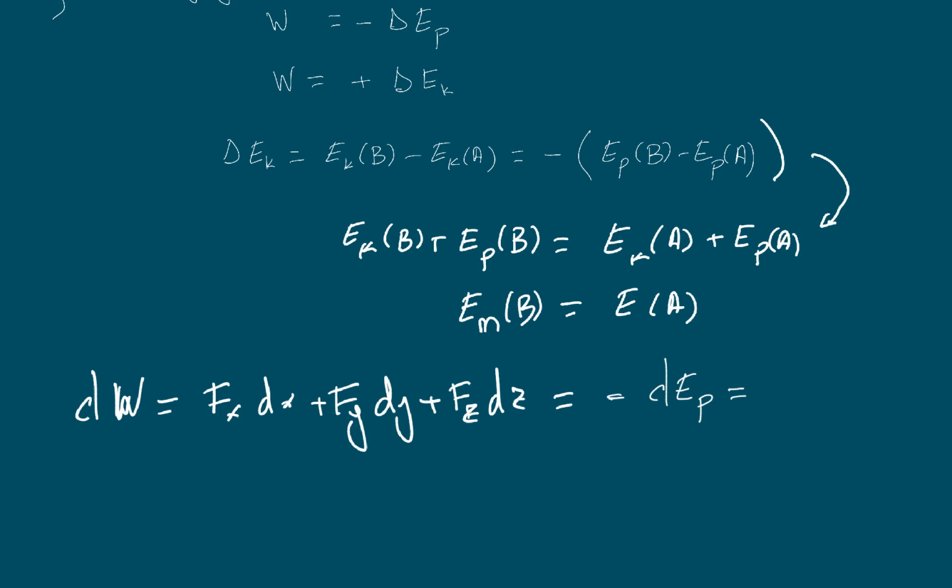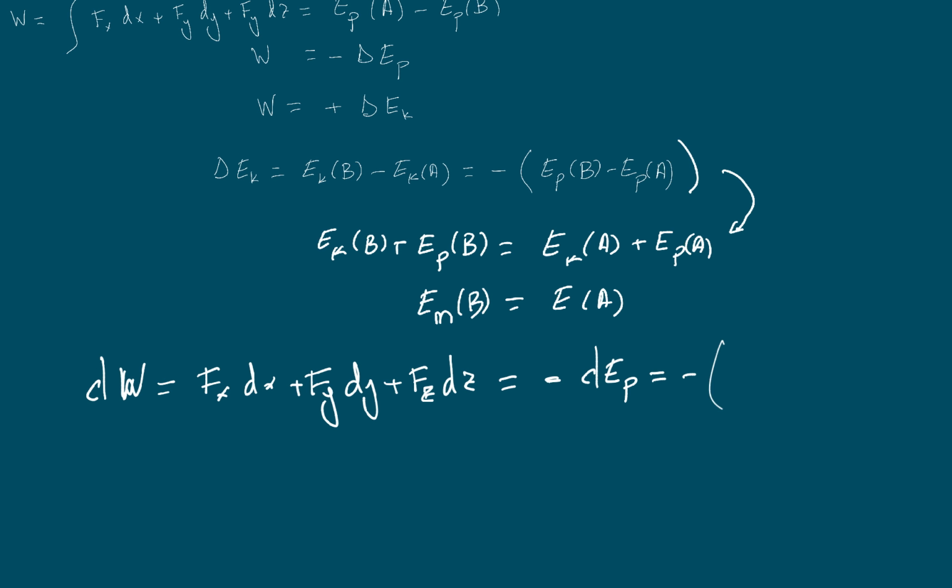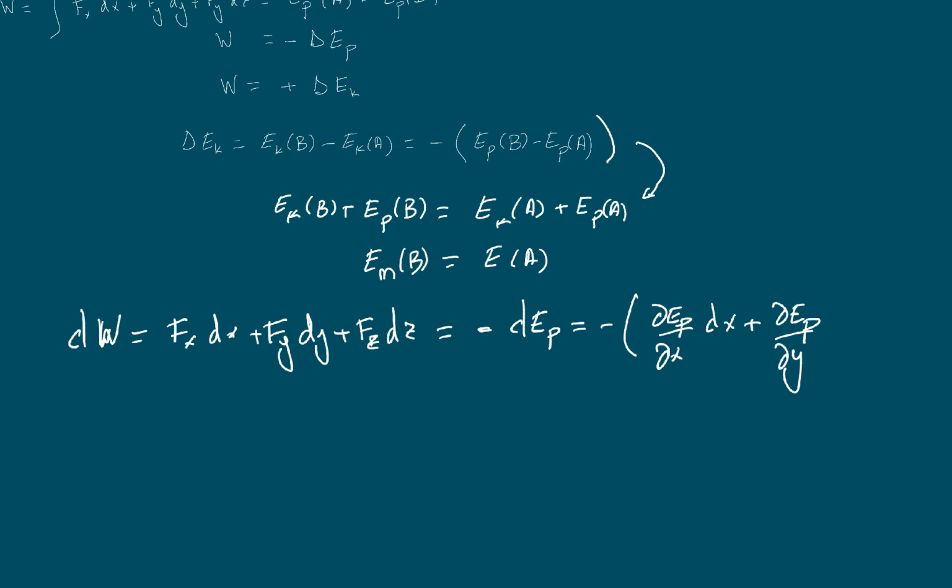But the small change in the potential energy is the partial derivative of E_p with respect to x times dx, plus the partial derivative of E_p with respect to y times dy, plus the partial derivative of E_p with respect to z times dz.